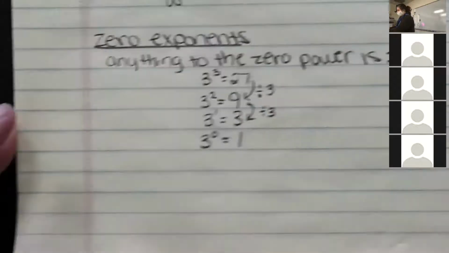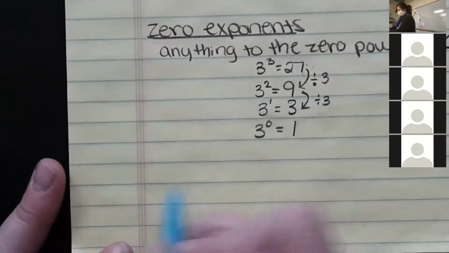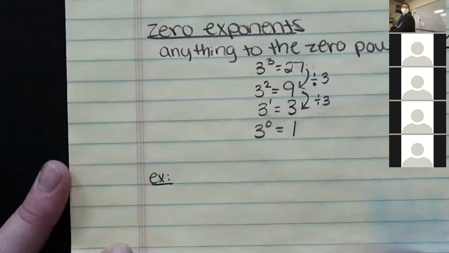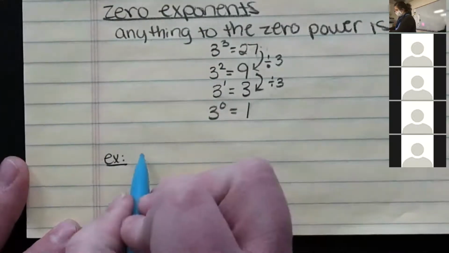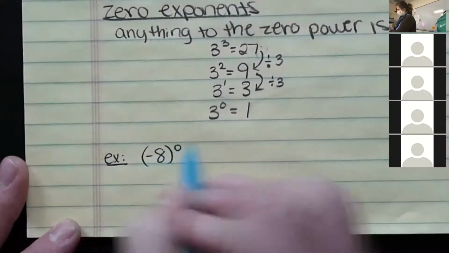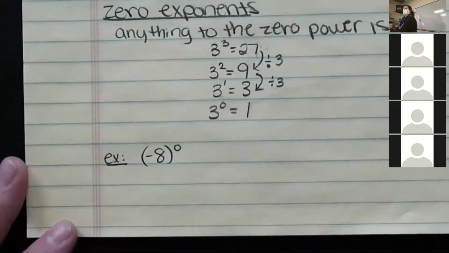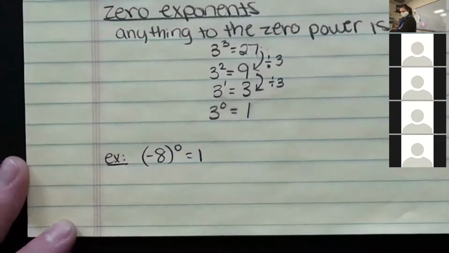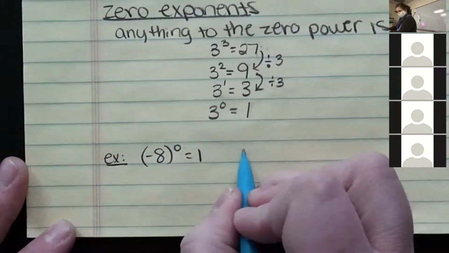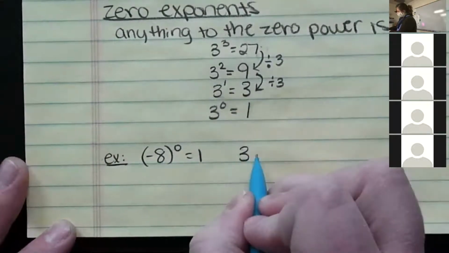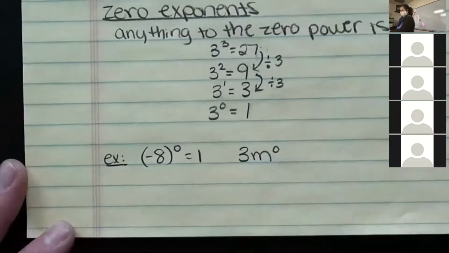So let's try a couple examples. All right, the first one, we have -8 to the 0 power. What is it? 1. Perfect. Let's try another one. Let's do 3m to the 0.